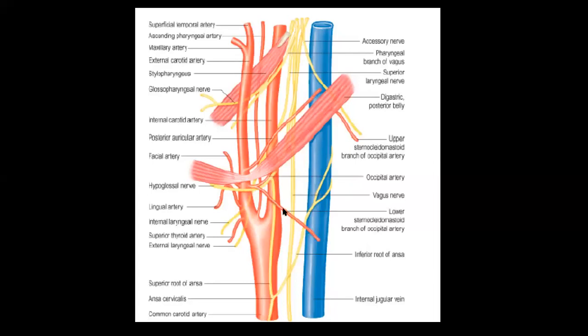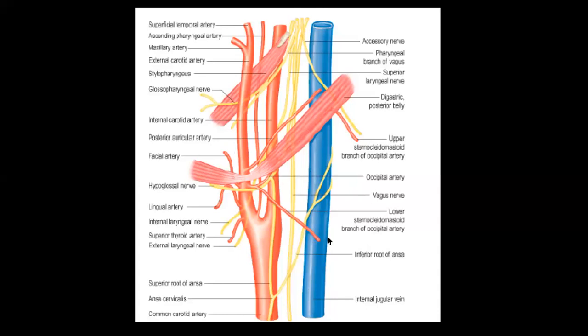The occipital artery gives superior and inferior sternocleidomastoid branches, supplying the sternocleidomastoid muscle. Posterior auricular artery. So these are the branches which we are supposed to find in the dissection hall. Internal carotid artery has no branches.